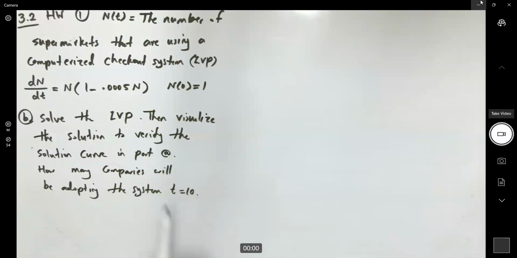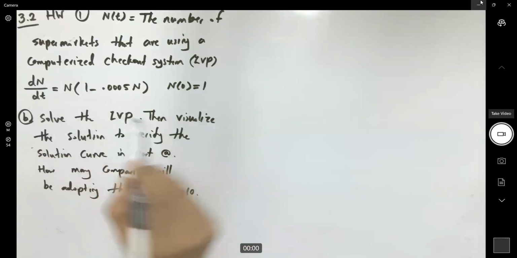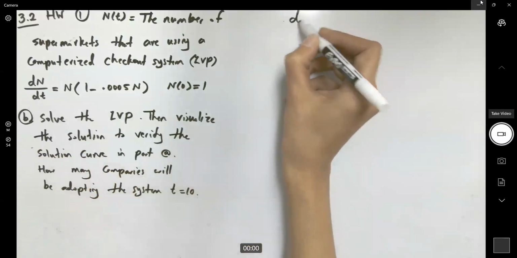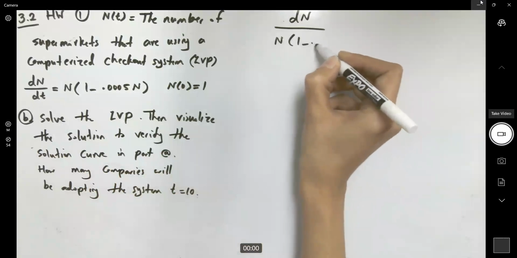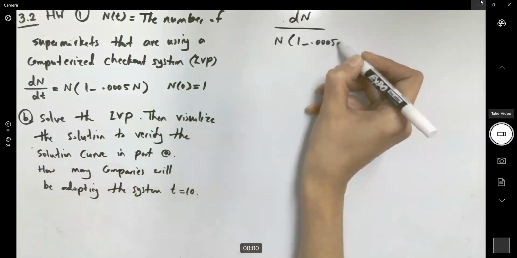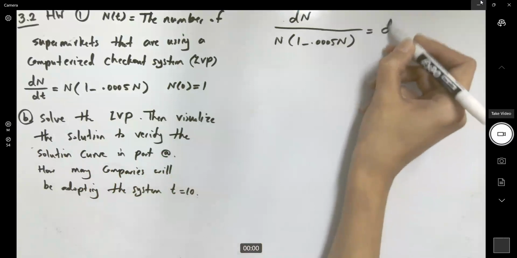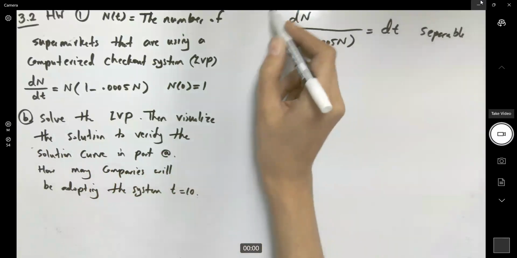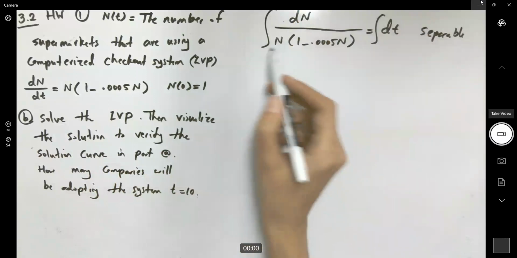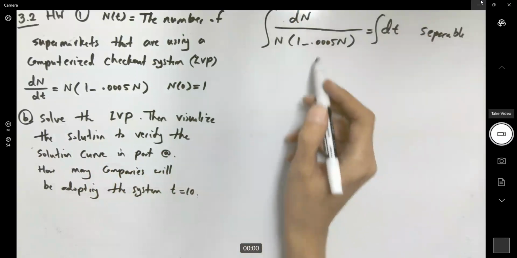As you know, here you have a separable differential equation. So you get dn divided by n times (1 minus 0.0005 n) equals dt, separable. And then take the integral of both sides. Of course, you have to use the partial fraction method.